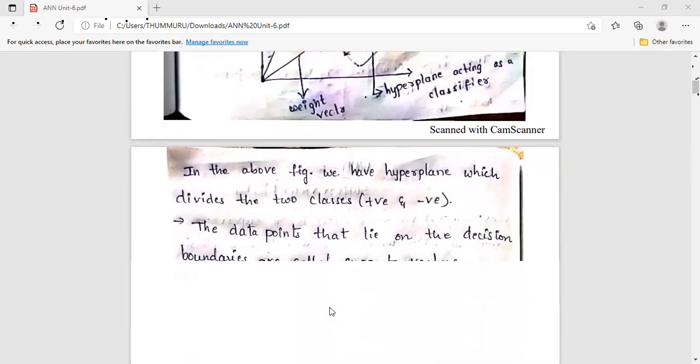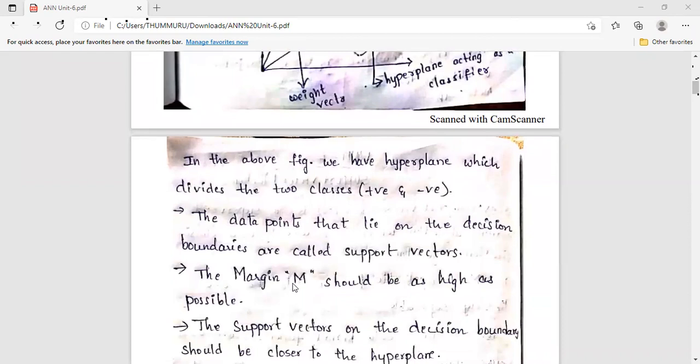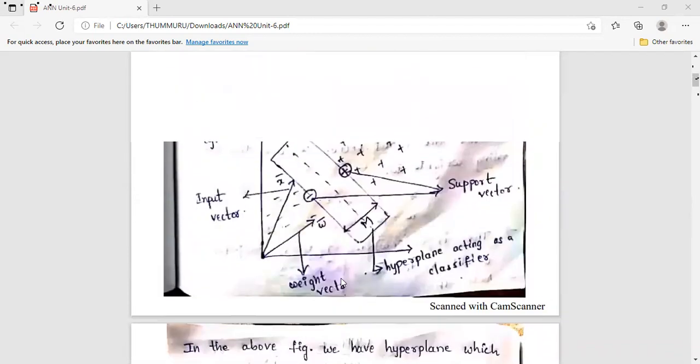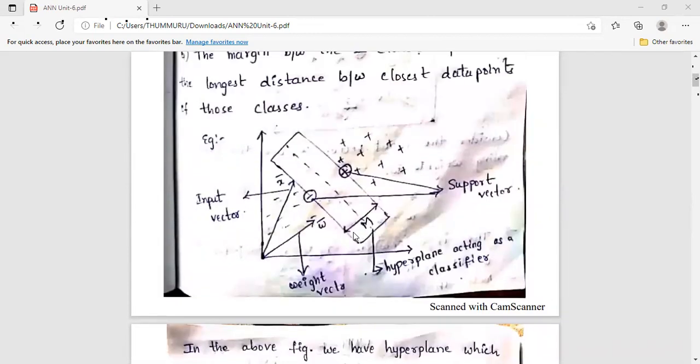The margin m should be as high as possible. Here we have one margin, in between two decision boundaries.